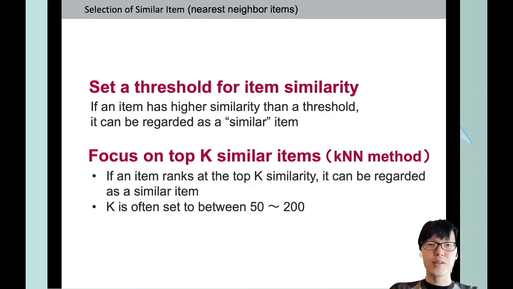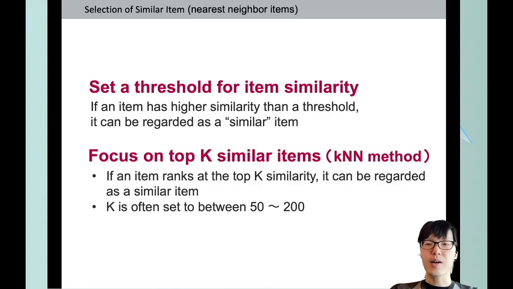As in user-based collaborative filtering, we need to set a threshold to find similar items when using item-based collaborative filtering. We have two approaches to choose the similar items. The first one is to set a threshold for item similarity.